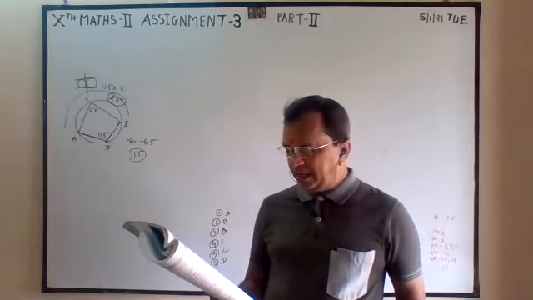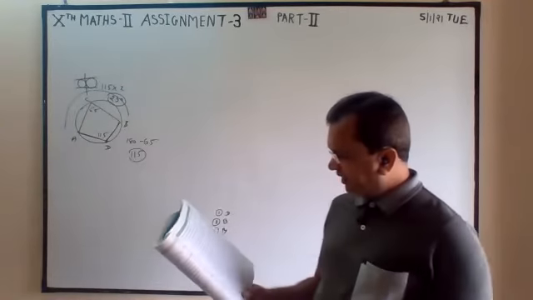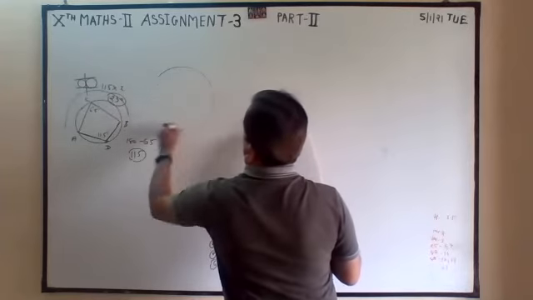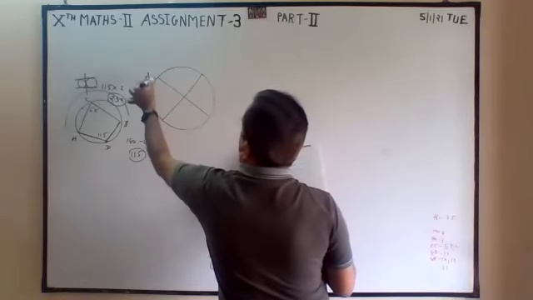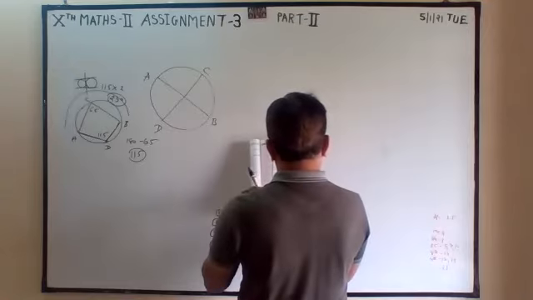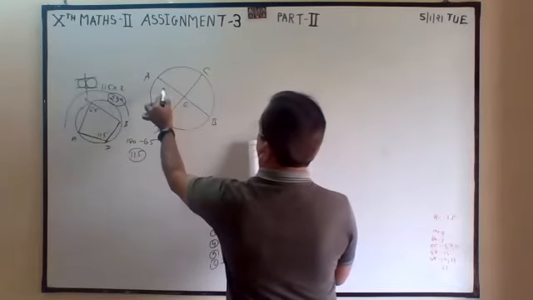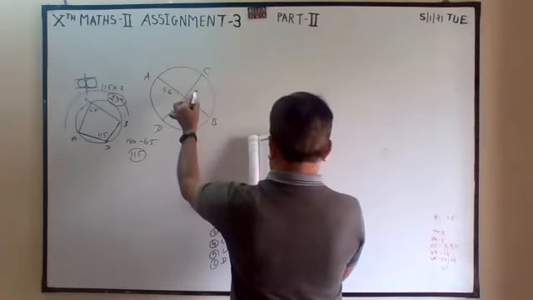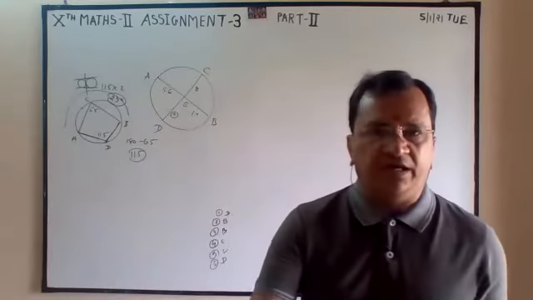Seventh, chords AB and CD of a circle intersect. This is E. AE is 5.6, BE is 10, CE is 8, this is X. ED we have to find out.